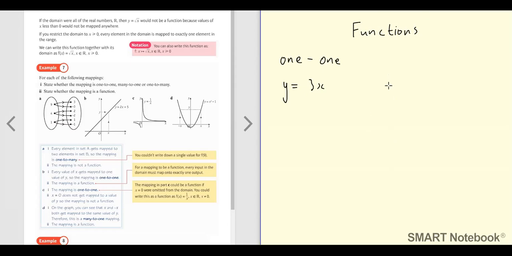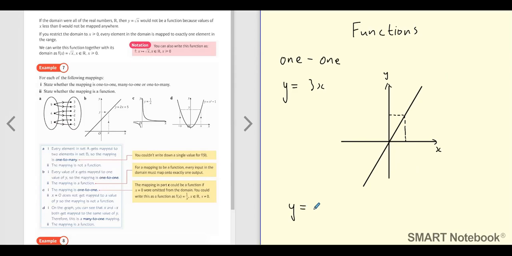If we use a straight line and have something going through the origin, how do we determine if a function is one-to-one? All we need to do is draw one line going across and see how many times it hits the curve. So this here only hits it once, so this is a one-to-one.